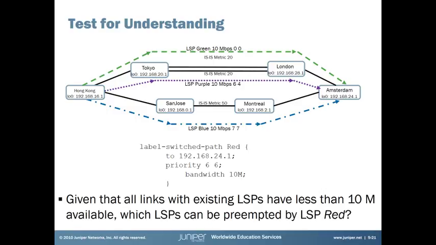We've got a purple path where the hold is 6 and the setup is 4, and we've got a blue path where the hold is 7 and the setup is 7. Now we've got a new path coming in, being configured, which is the red path, with a hold of 6 and a setup of 6. So looking at that scenario, which of those paths could be preempted by the new red path? We've got the green path, the purple path, and the blue path.